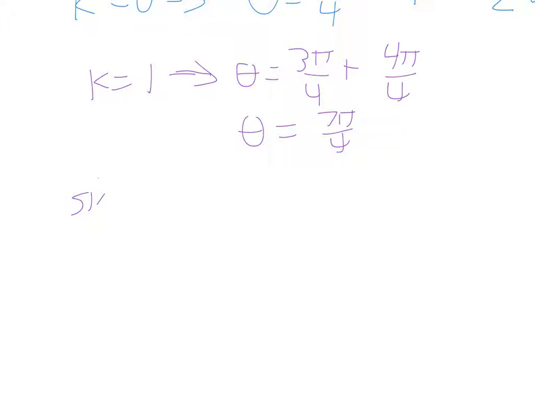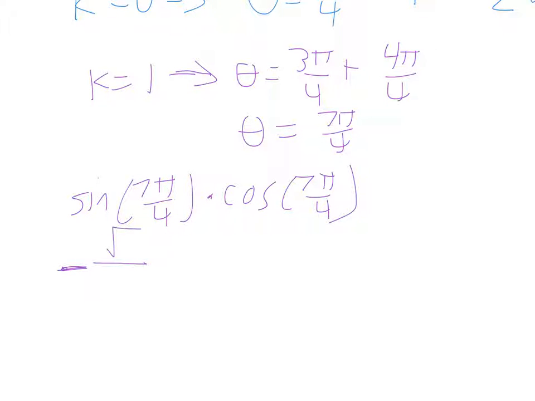So sine of 7 pi over 4 times cosine of 7 pi over 4. Remember, 7 pi over 4 is in the fourth quadrant. In that quadrant, the sine is negative, so it'd be negative square root of 2 over 2 if you look at your unit circle, times the cosine.